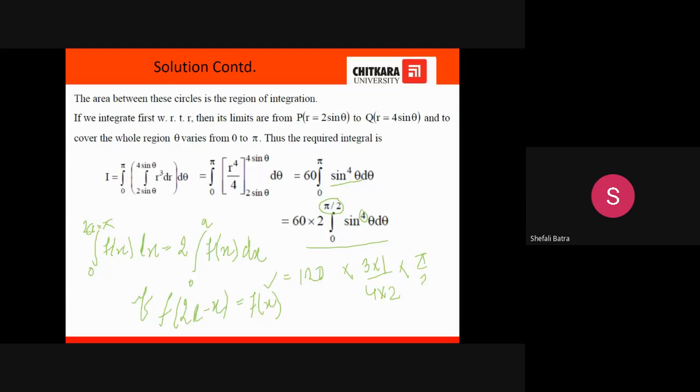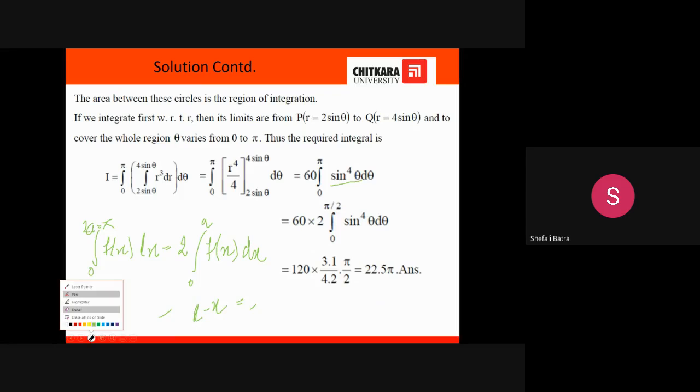Pi by 2 because n is even, right? Now you will simplify it and the answer is 22.5 pi.